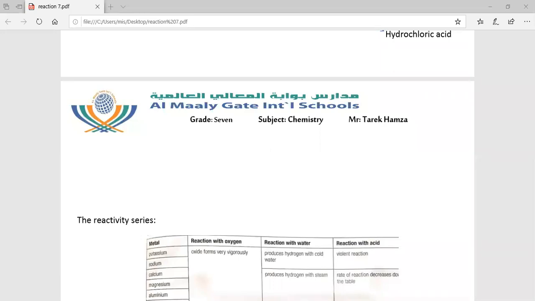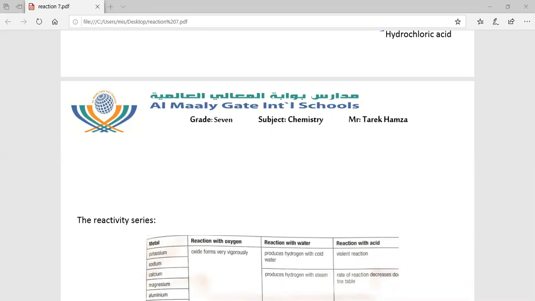Now we're going to the second point. Displacement reaction. When metal reacts with acid, it displaces hydrogen from the acid and forms a salt solution.